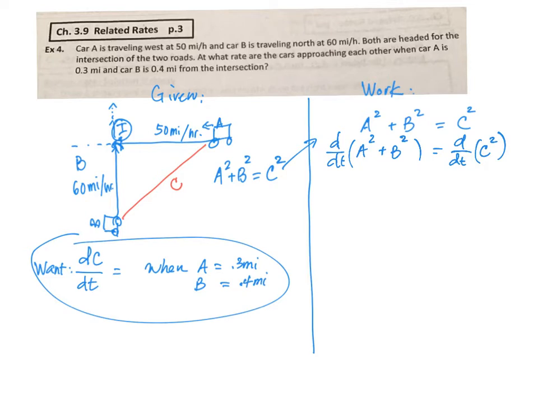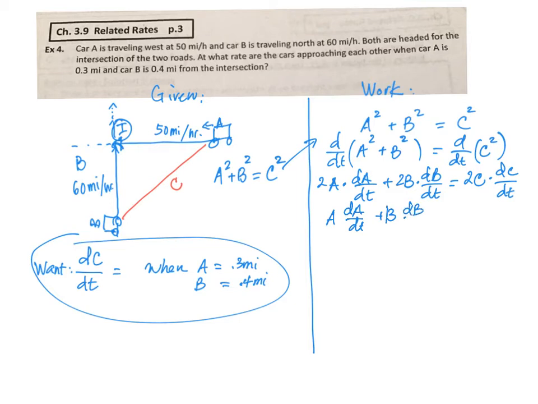With respect to time, the derivative of a squared is going to be 2a times dA/dt, plus 2b times dB/dt, the derivative of b, and 2c times dC/dt. Now simplify the equation. Dividing both sides by 2, I have a times dA/dt plus b times dB/dt equals c times dC/dt.